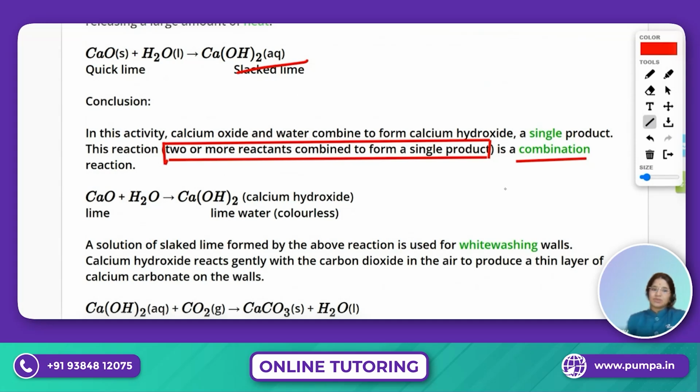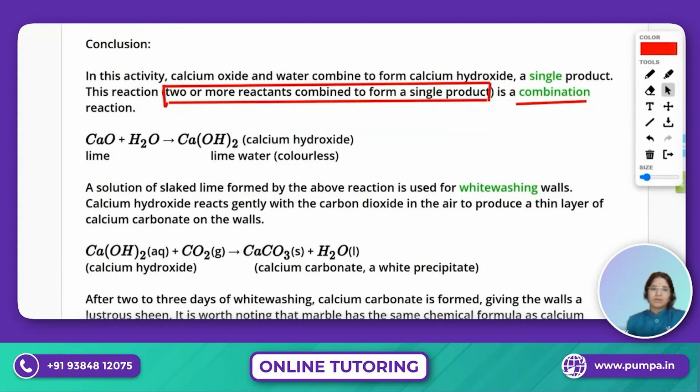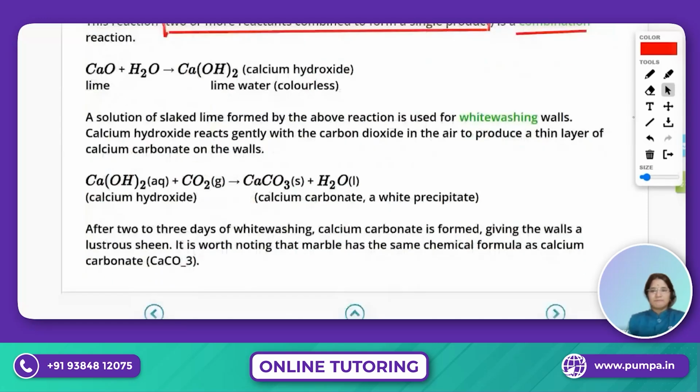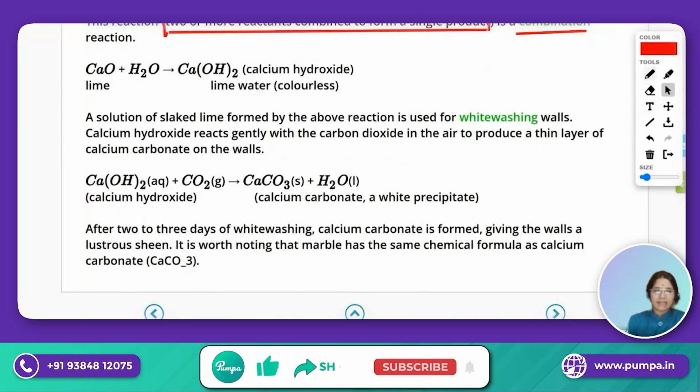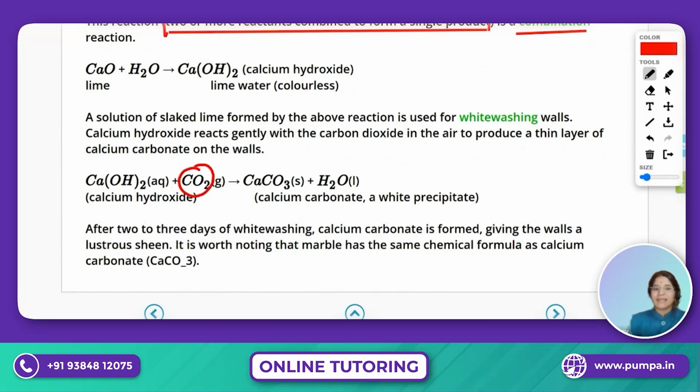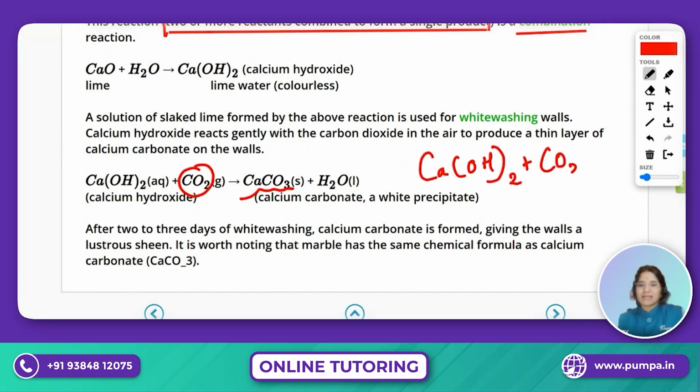This slaked lime is also used in whitewashing the walls. Further, when calcium hydroxide, Ca(OH)2, reacts with carbon dioxide gas, you get a substance called calcium carbonate, a milky white precipitate. This precipitate is used to form marbles.